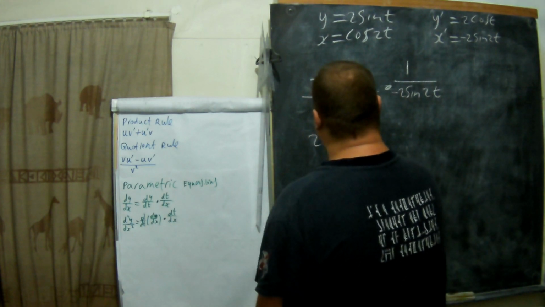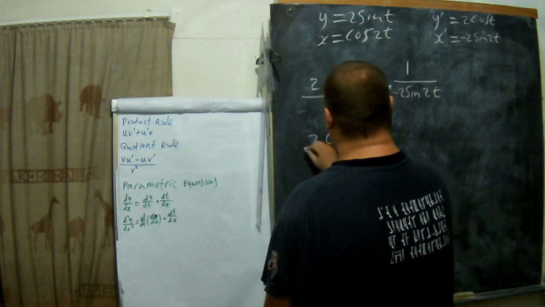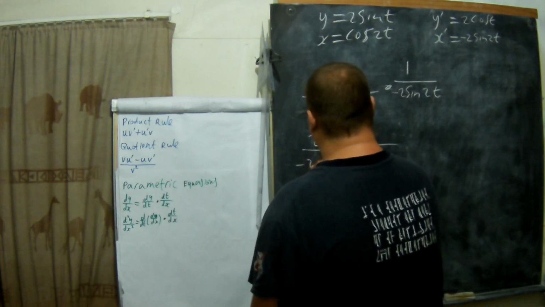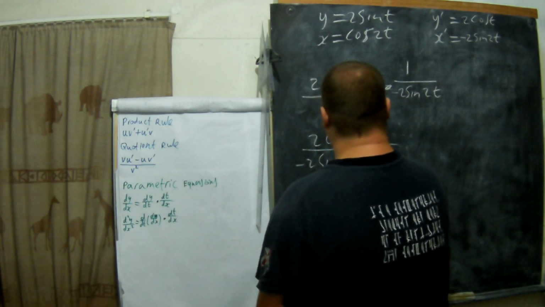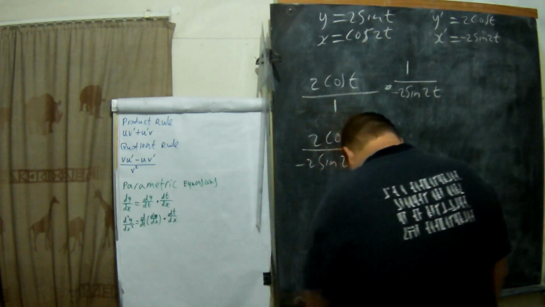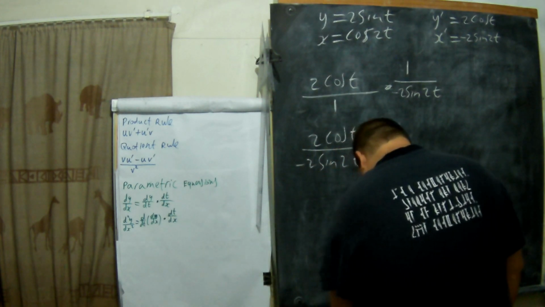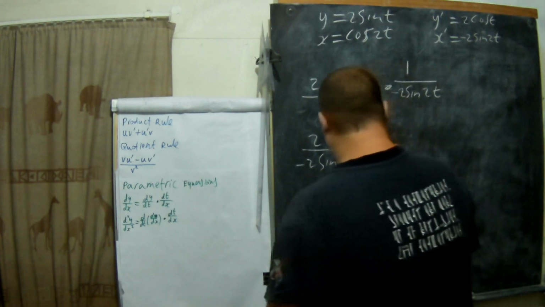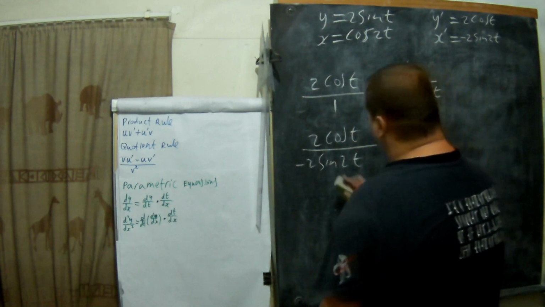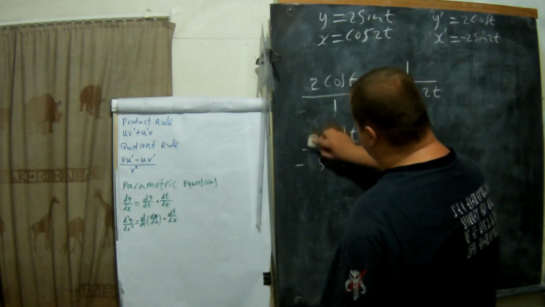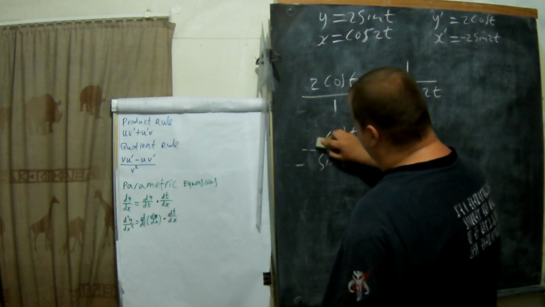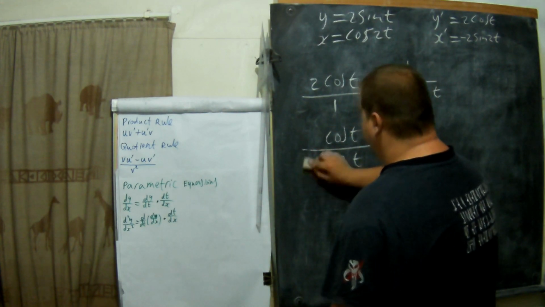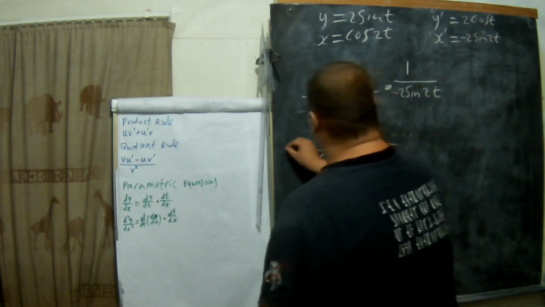So 2 cos t over minus 2 sine 2t. Now the 2's cancel. The 2 above and the 2 below cancel. And we're left with a minus.